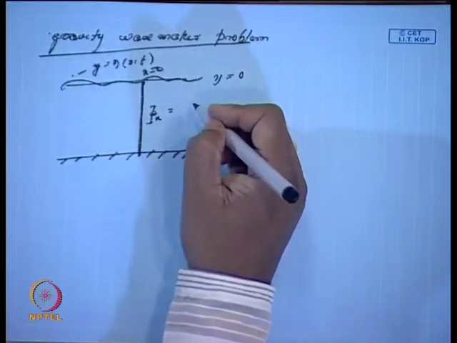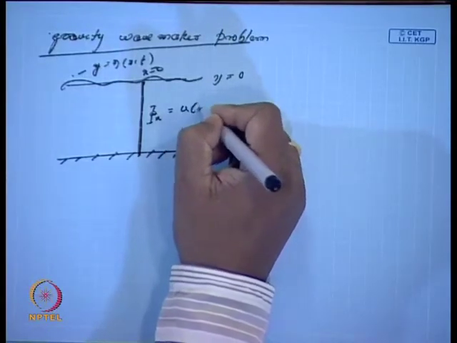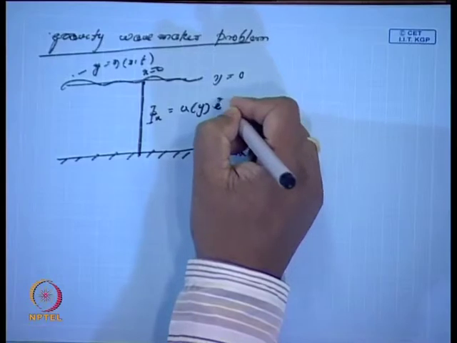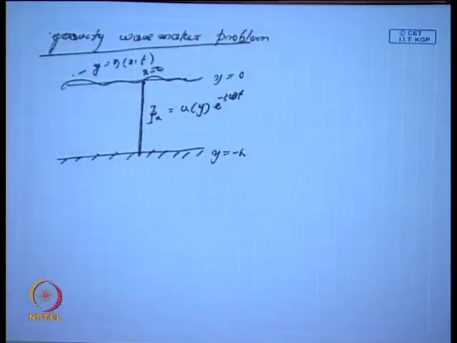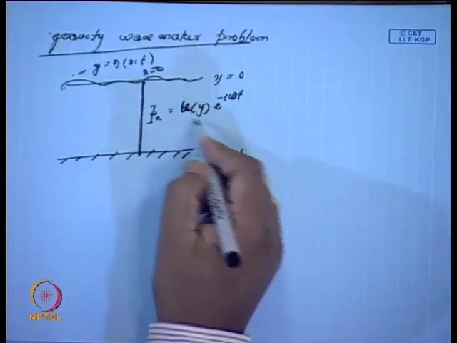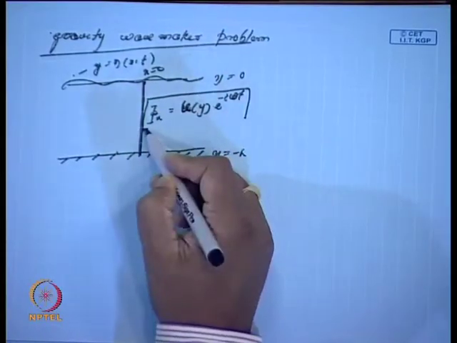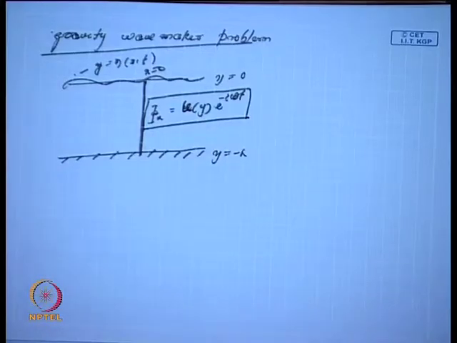it makes oscillation phi x is u e to the power minus i omega t, and the frequency of oscillation is the same as the frequency of the waves. This is the general nature. Suppose the wavemaker oscillates, phi x is the velocity in the horizontal direction.